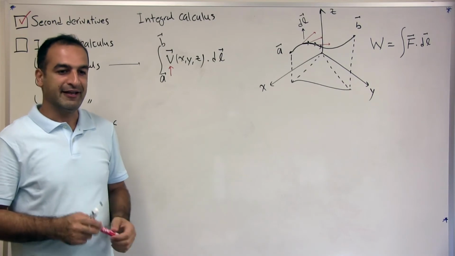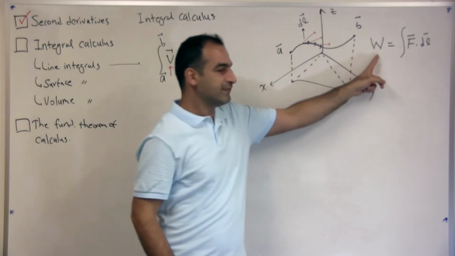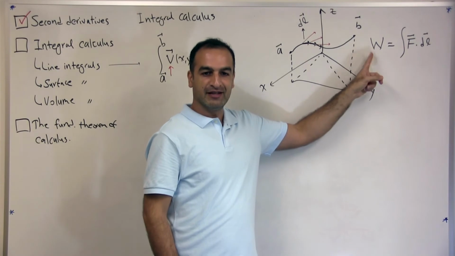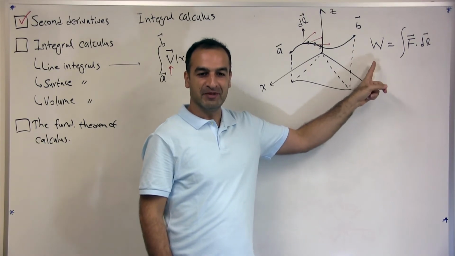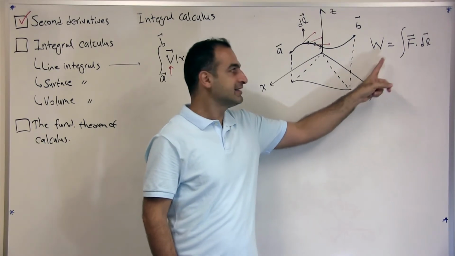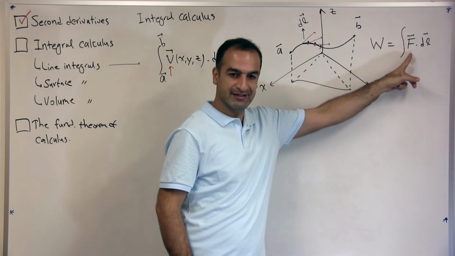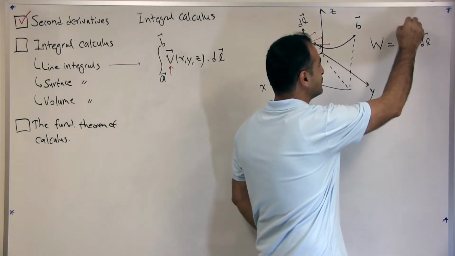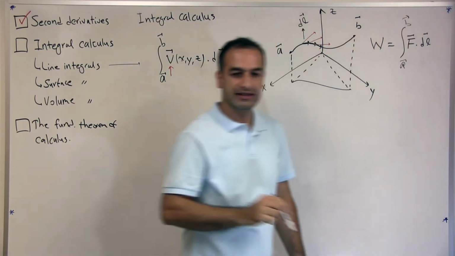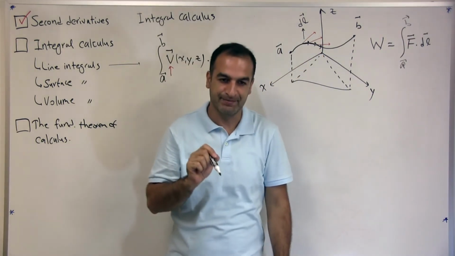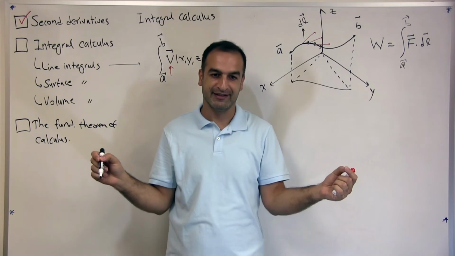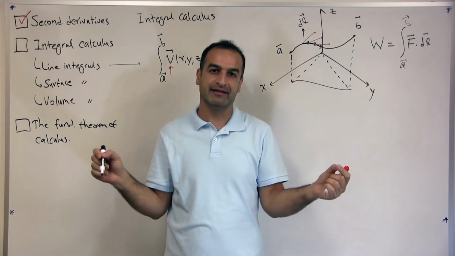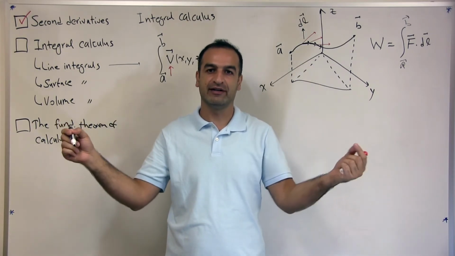So again, if I want to look at this, the work example, you can kind of think about what I mean by that. There are certain forces that if you do the integral from A to B, the work is independent of the path you are taking and is only dependent on where you start and where you end.